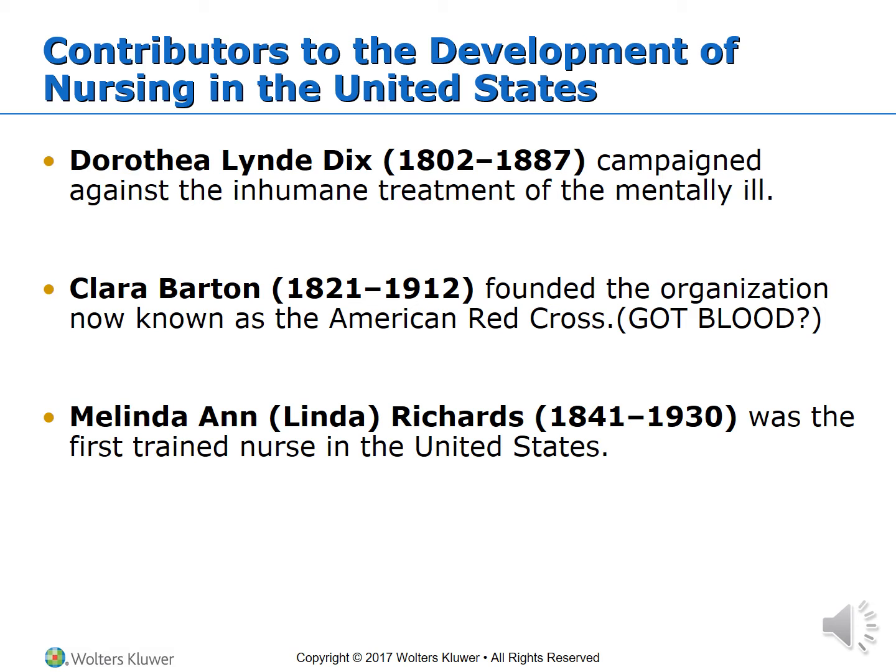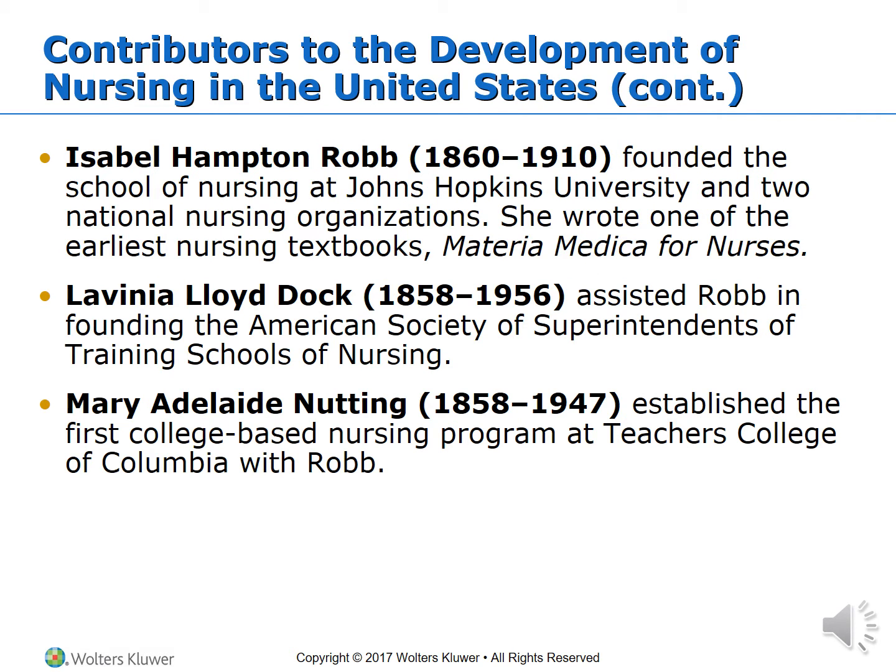The most notable American nurses, the first was Dorothea Dix. She campaigned against the inhumane treatment of the mentally ill. Clara Barton founded the organization now known as the American Red Cross. Melinda Richards was the first trained nurse in the United States. Isabel Robb founded the School of Nursing at Johns Hopkins University and 2 national nursing organizations, and she also wrote one of the earliest nursing textbooks.